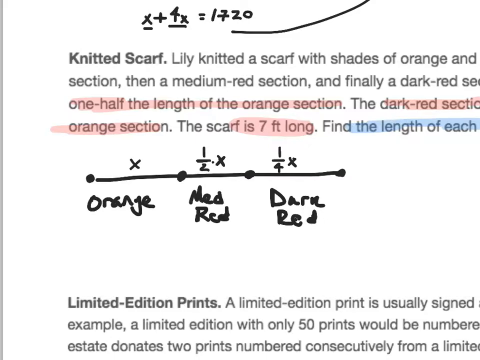Now, what I know is that the whole length here is 7 feet long, and we want to find the length of each section. So the first thing I want to do is solve for x, because if I find out what x is, then I can find out what each of these sections are. If I take x plus 1/2 x plus 1/4 x, that's going to give me 7 feet.